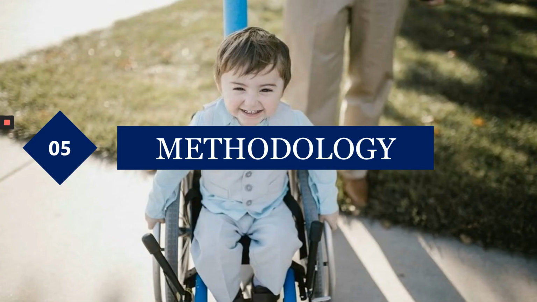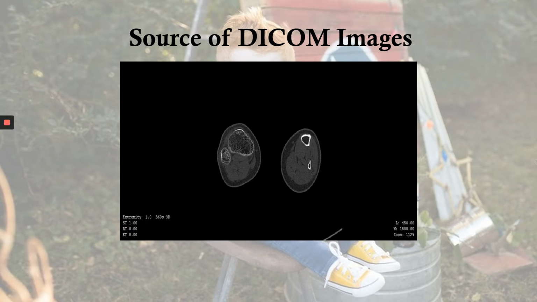So now we come to the methodology. The figure shows an example of the DICOM image of the tibia proximal region obtained from HUSM. There are a total of 385 slices of images. All segmentations are performed using Paint.NET software to create the ground truth images, and iterations are performed using MATLAB.